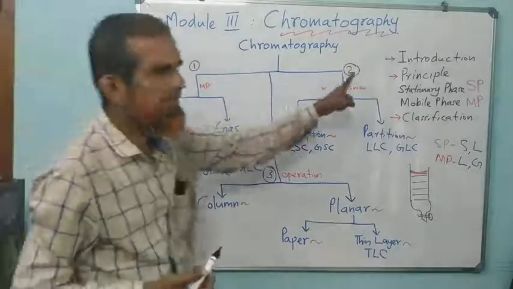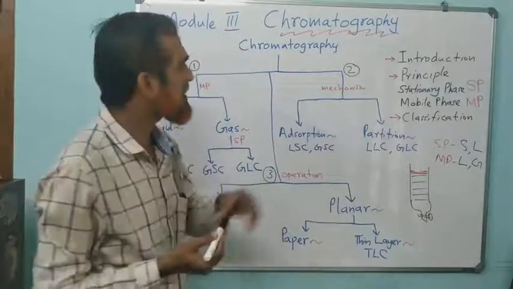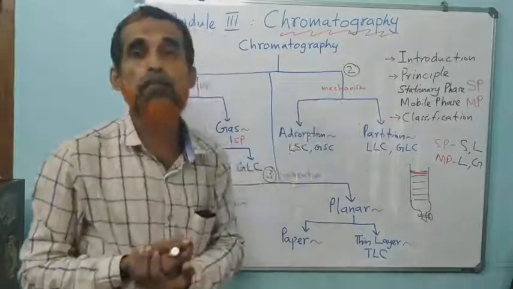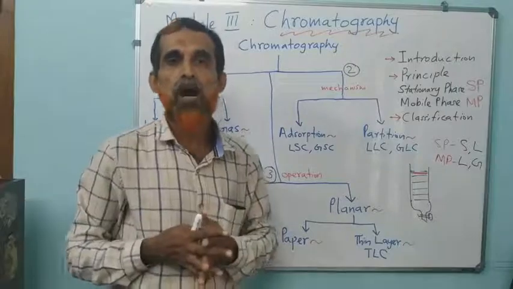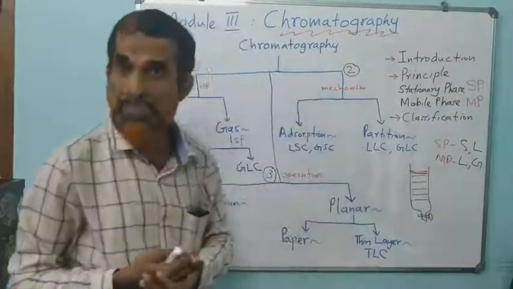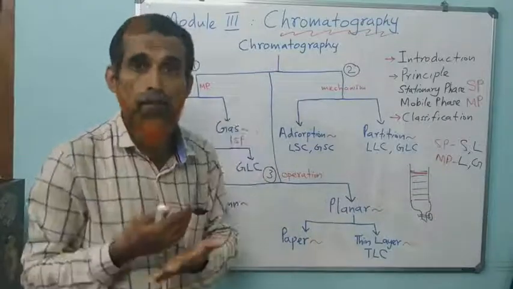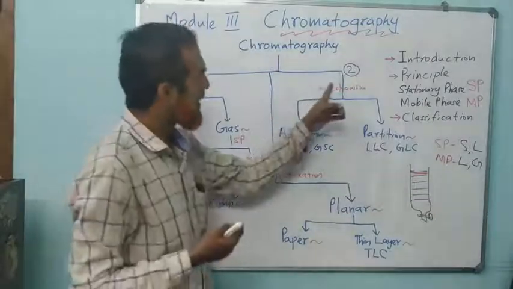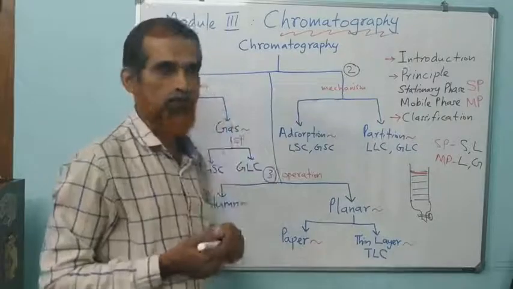Now coming to the second classification, it is based on the mechanism of phase distribution. How the components get distributed in the stationary phase. What is the phenomena taking place? According to this, there are two types of chromatography.